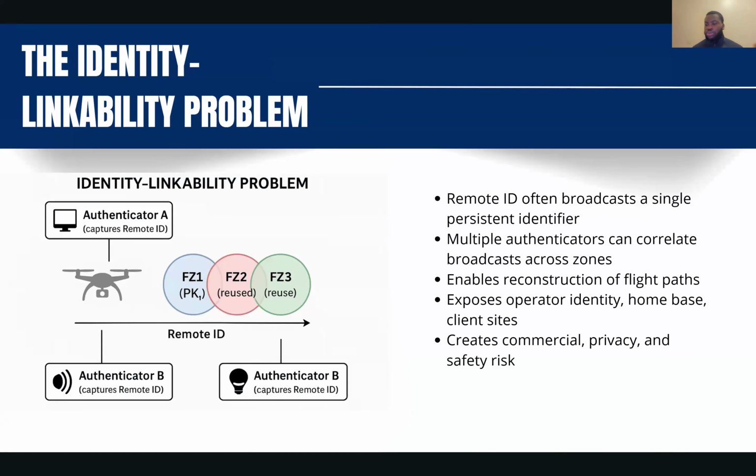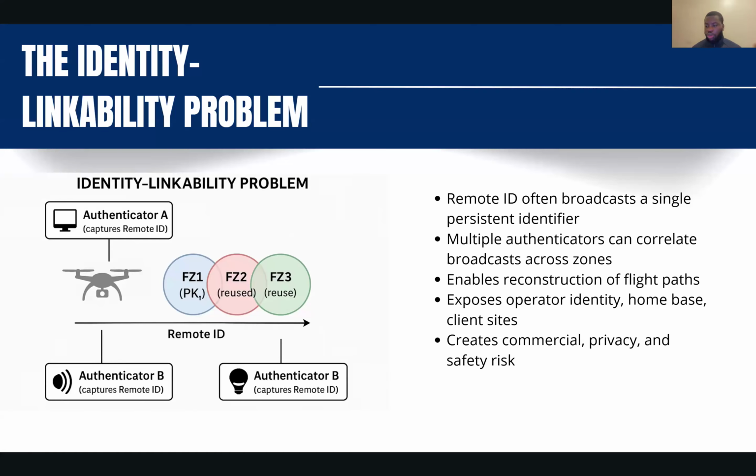Identity linkability problems. The biggest issue is that in today's most remote ID systems, they broadcast the same identifier for the entire flight. That means that if a different observer or authenticator captures the signal in multiple zones, they can easily link all those broadcasts together. And once they do that, they can reconstruct the entire flight path, identify patterns, and even figure out the operator's home base and client location.